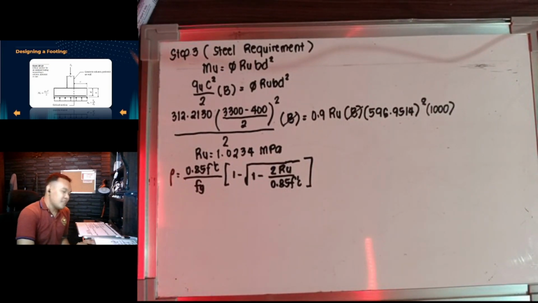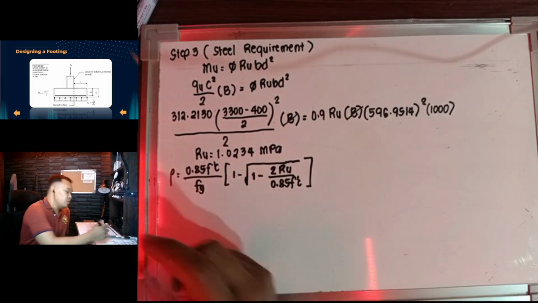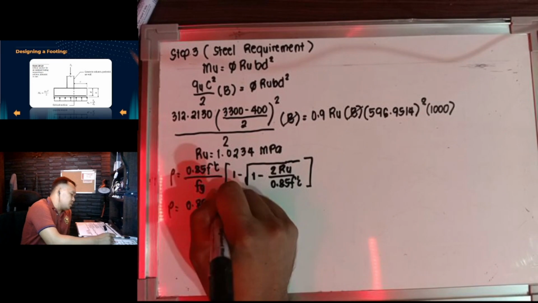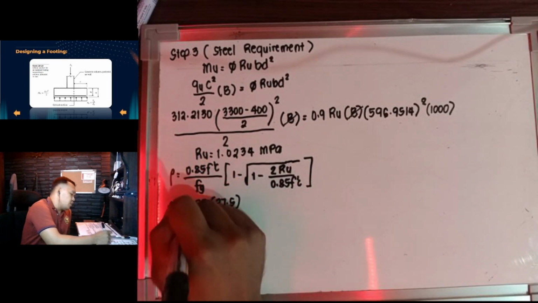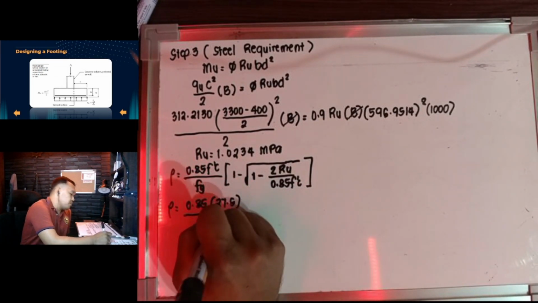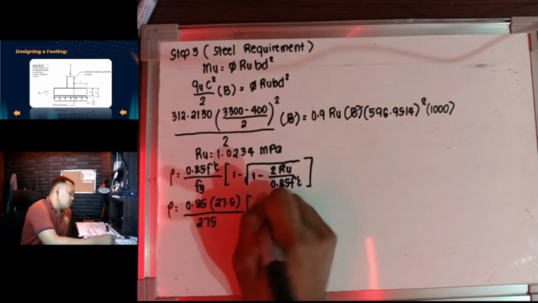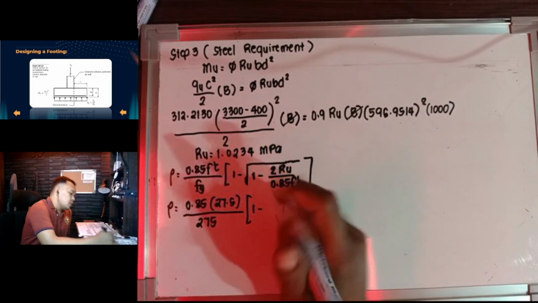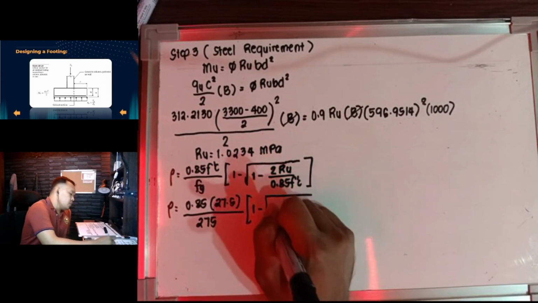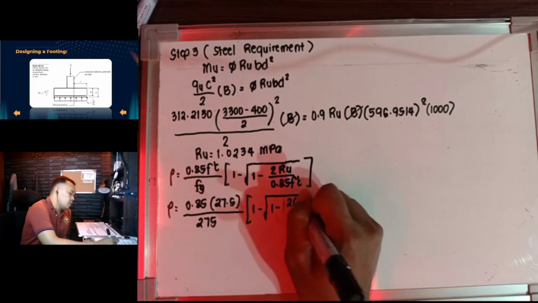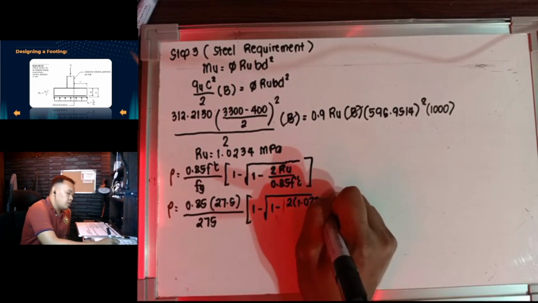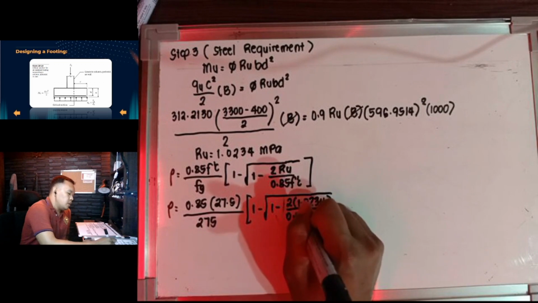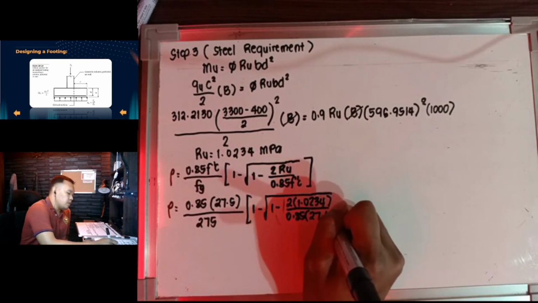Okay, so back to our problem. Just put in all the values. We have rho, which is equivalent to 0.85, F prime C, which is 27.5, Fy, which is 275, multiplied by 1 minus the square root of 1 minus 2 RU, which is 1.0234, all over 0.85 times 27.5.